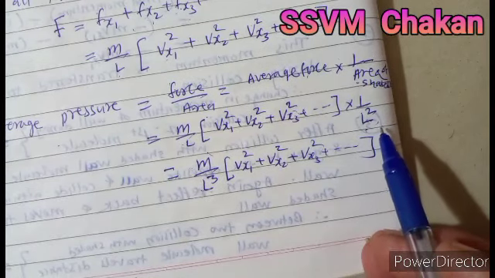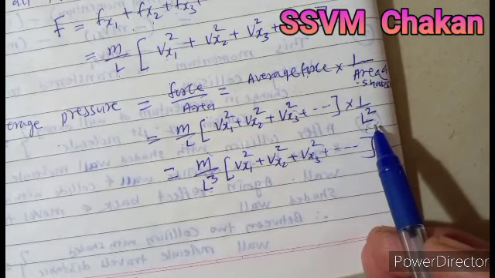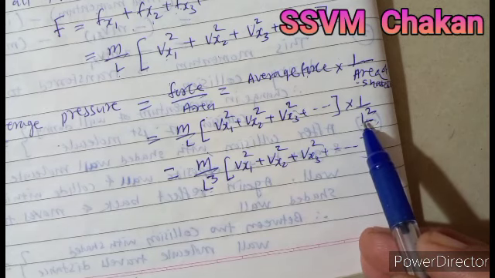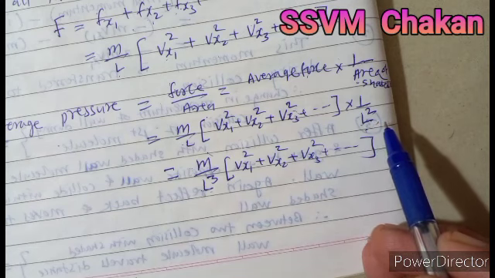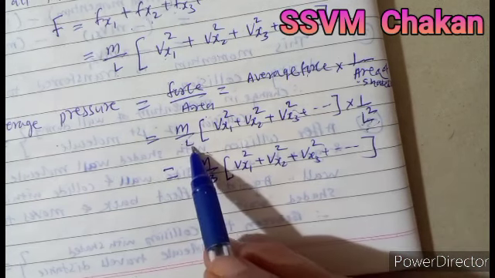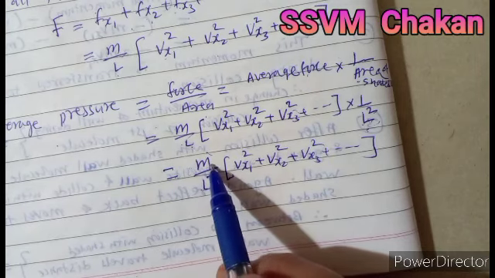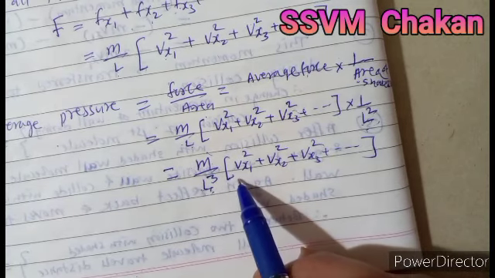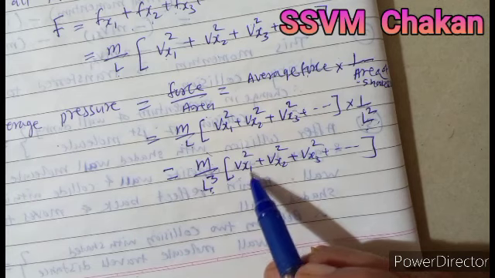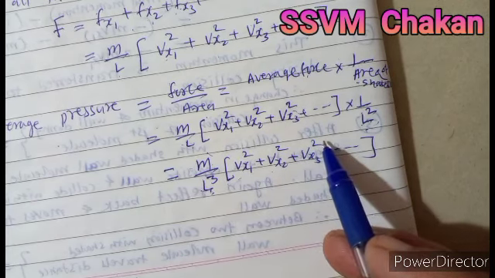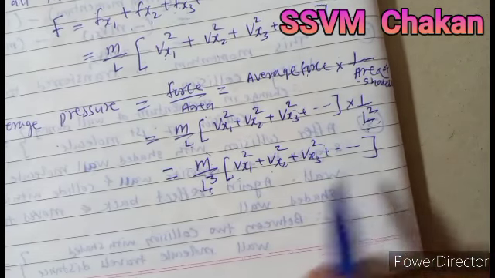The area of the shaded face of the cube is length into breadth, and both are the same, so it is L square. L square into L is nothing but L cube. So pressure is equal to m divided by L cube, inside the bracket Vx1 square plus Vx2 square plus Vx3 square plus and so on.